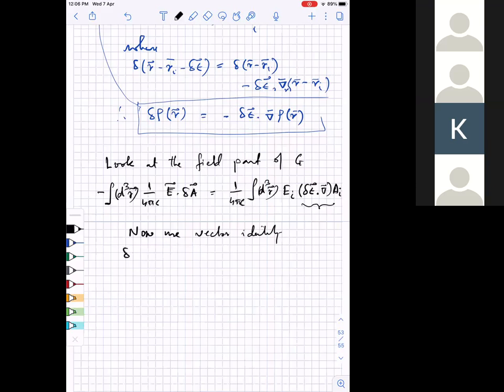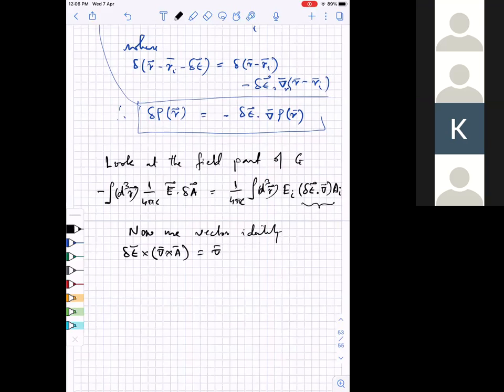So delta epsilon dot of A, right? This is equal to dot A minus delta epsilon dot grad. So use this vector identity. Once you use this vector identity, then you have written this part in terms of these two parts.